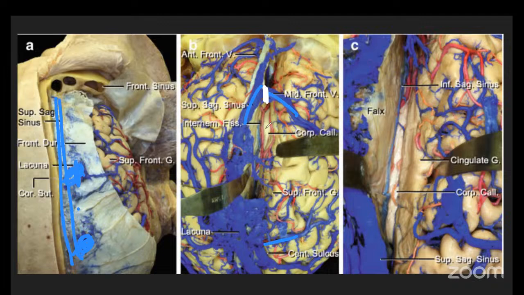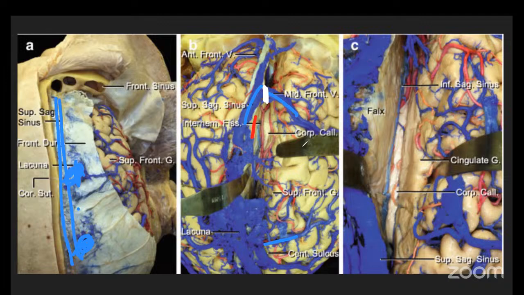If you look closely, this area here is corpus callosum. The paired arteries that run right over the superior surface of the corpus callosum are the pericallosal arteries, which are these. The callosomarginal will be somewhere around here. I'm sure they will be visible in any other image.